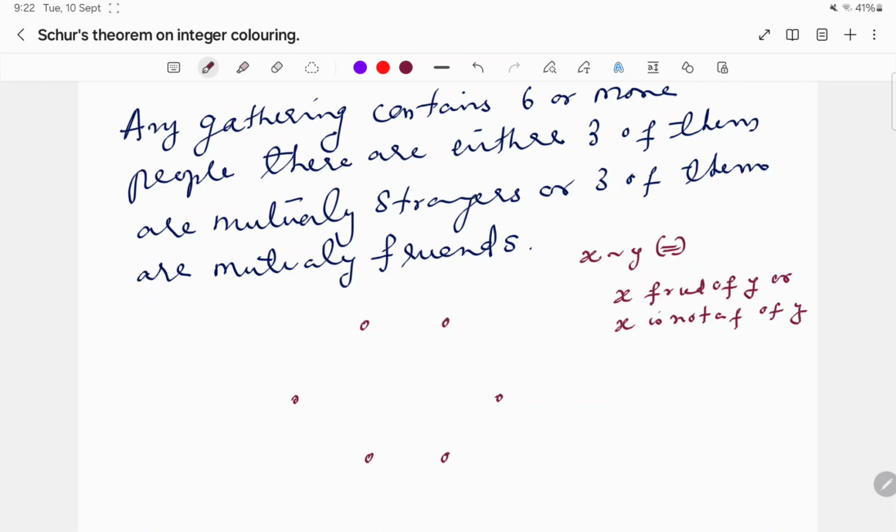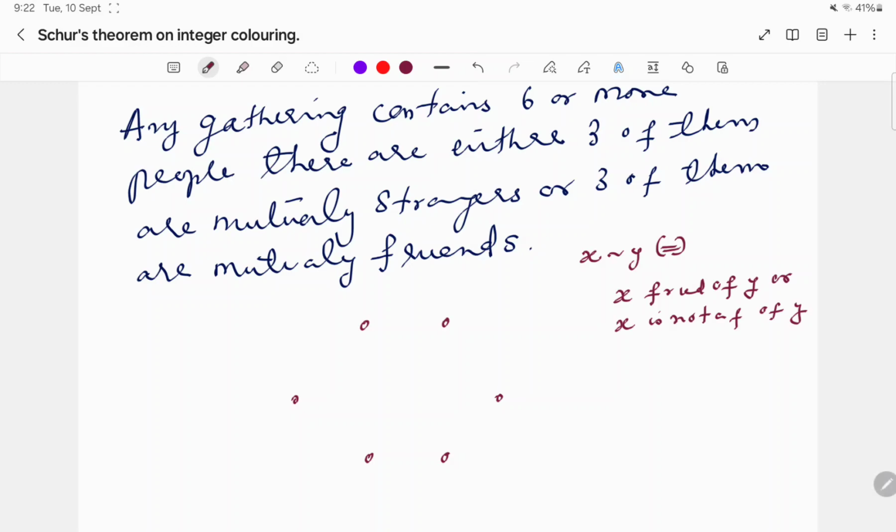You can see that in this relation everybody is related, because either x is a friend of y or x is not a friend of y. Also, if x is a friend of y, definitely y is a friend of x. So that is symmetry. This is a symmetric relation which produces all the edges between the vertices.